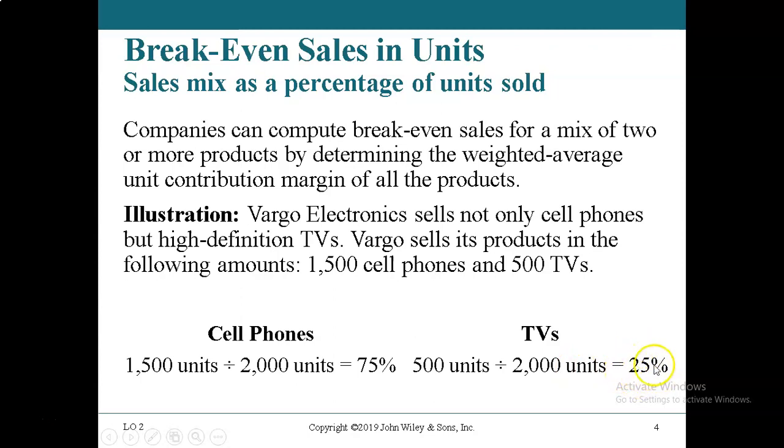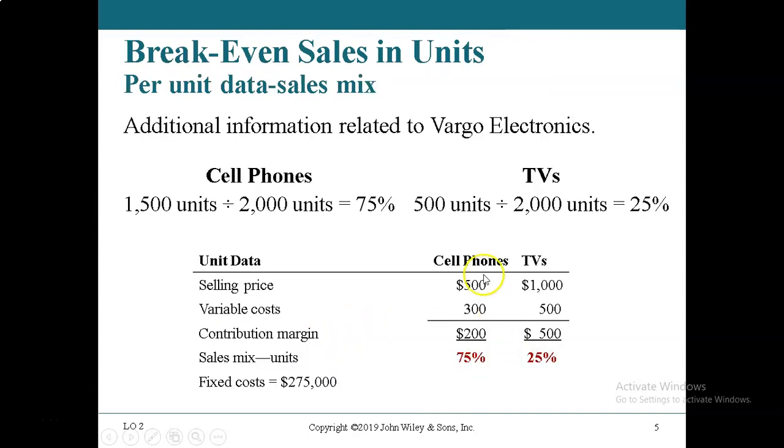They sell 25% TVs. So 75% cell phones, 25% TVs. If you add 75% and 25%, it's 100%, because that's 100% of everything they sell, cell phones and TVs.